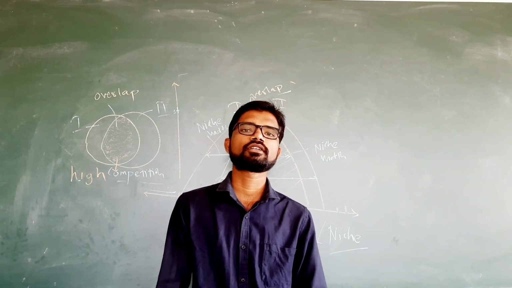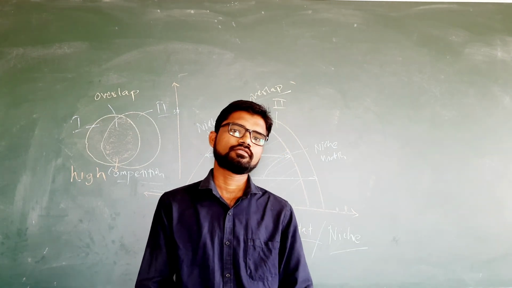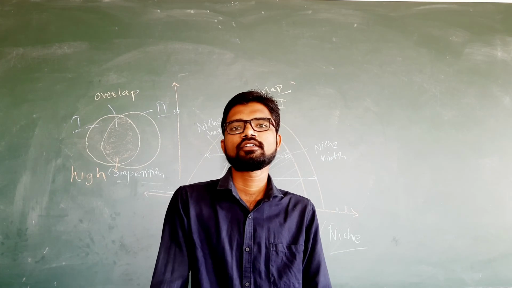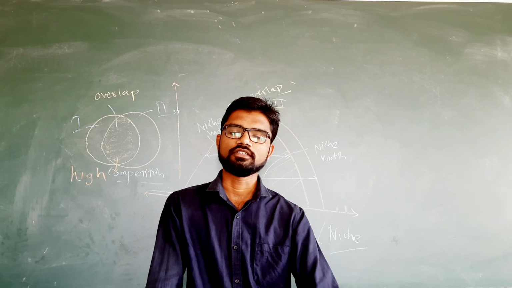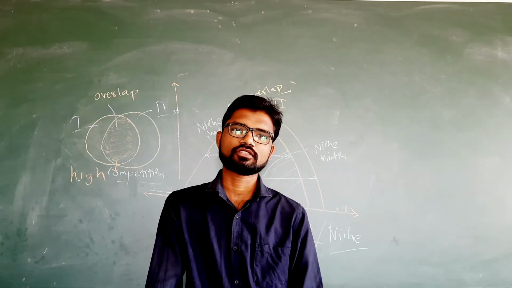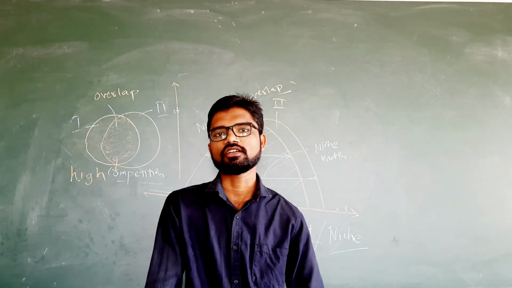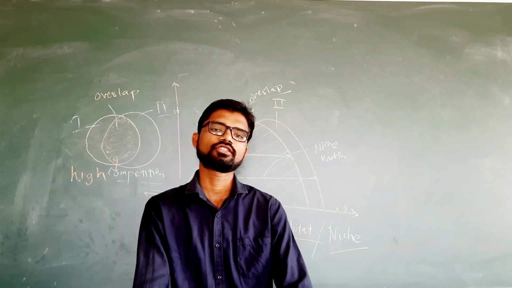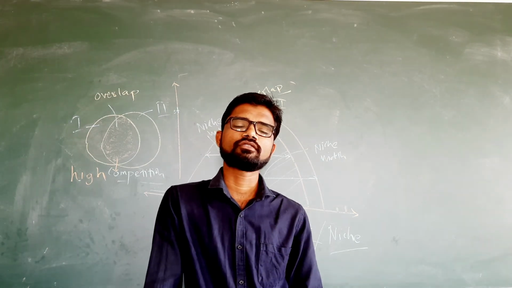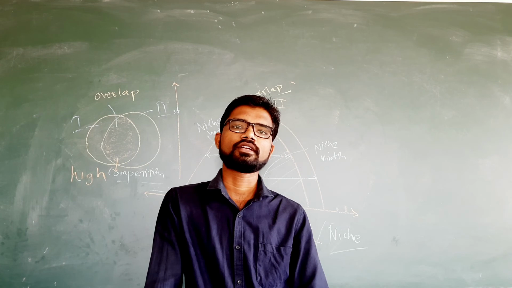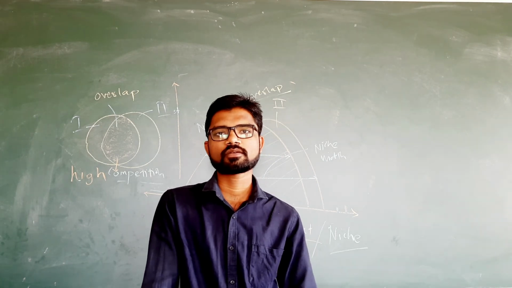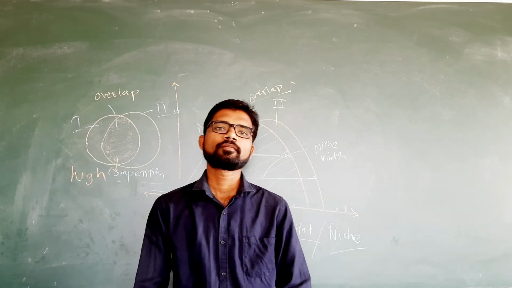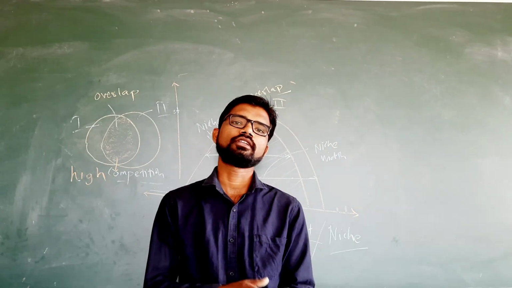Your first chapter is now completed. The first chapter is in ecology and environmental pollution, where in ecology there are two units. In the first unit, habitat and ecological niche is your first chapter, which is completed here.